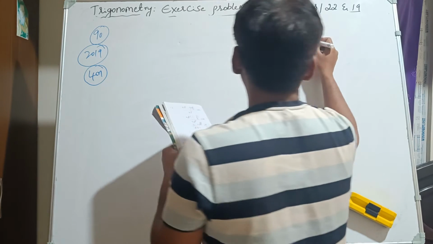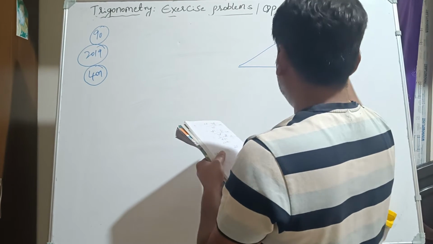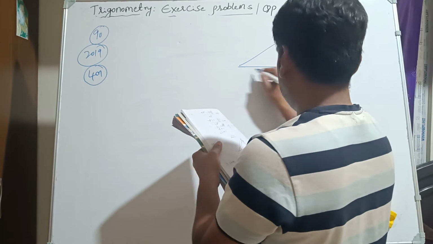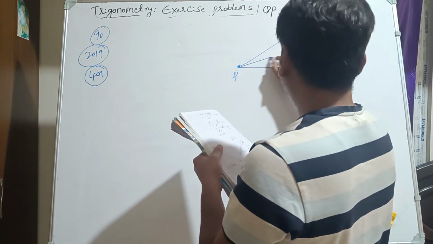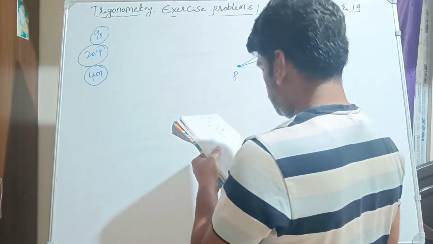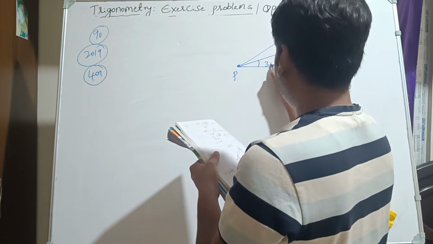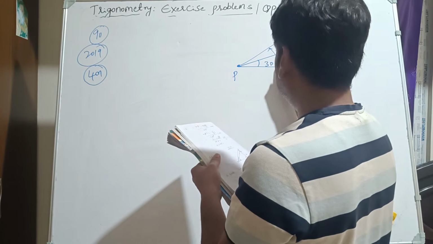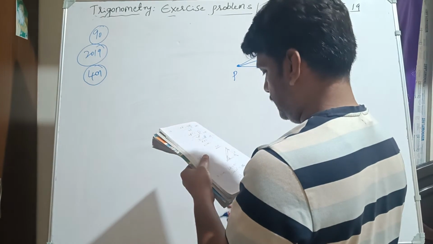So here it is B, here it is C, here it is A, it is point P. So from B it is 30 degree, and this one is 45 degree, right?